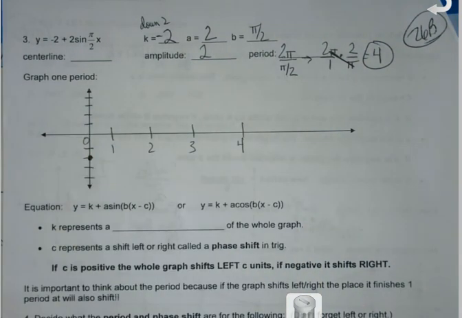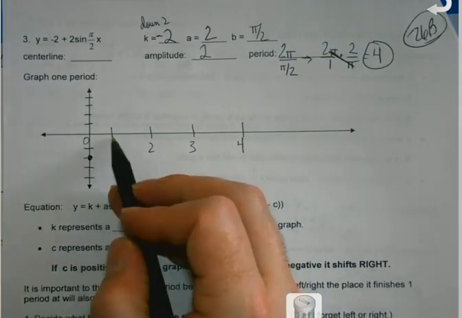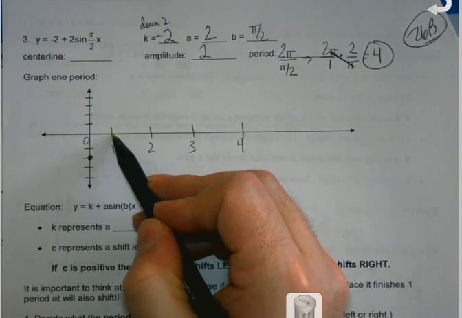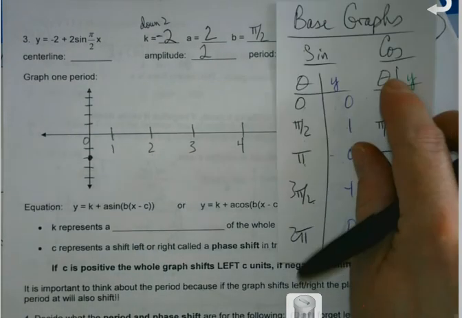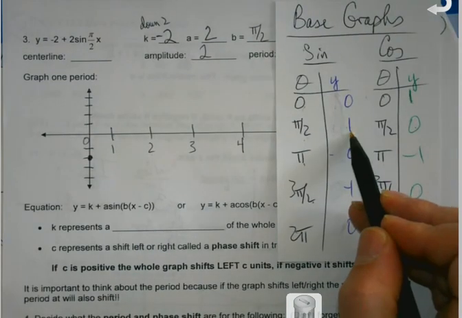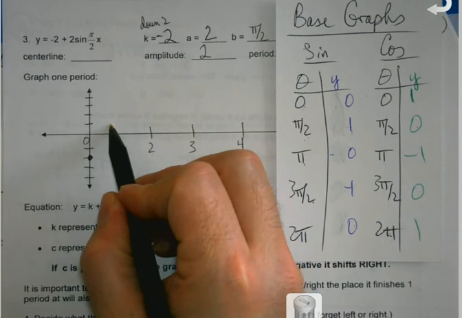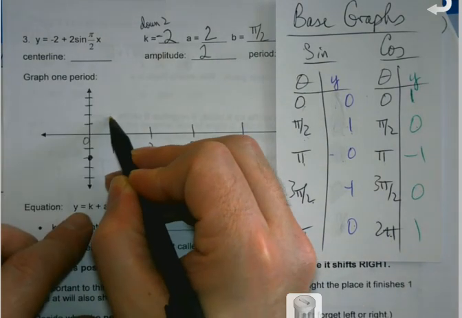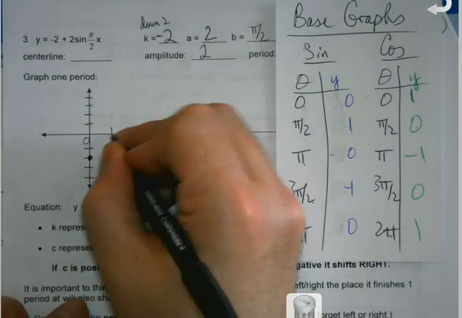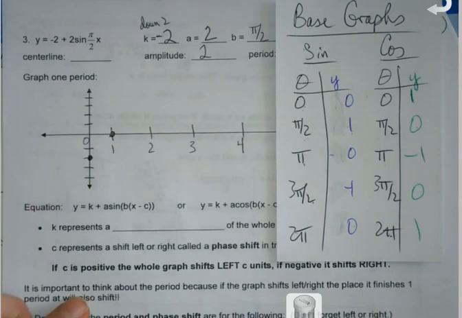So I've got my first point. Normally, when I'm at sine on my next one, normally I end up at 1. Okay, so 1 times 2 would get me to 2, but then I'm going to go down 2. So back to 0 I go.